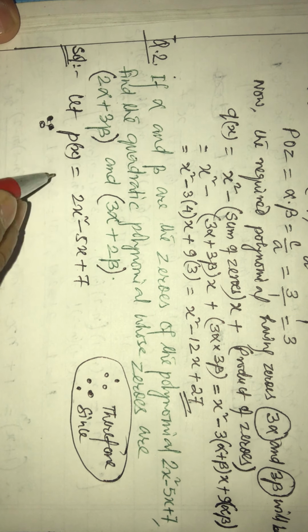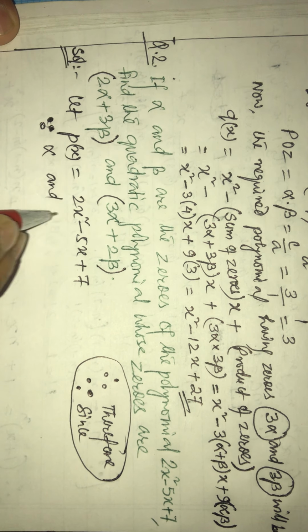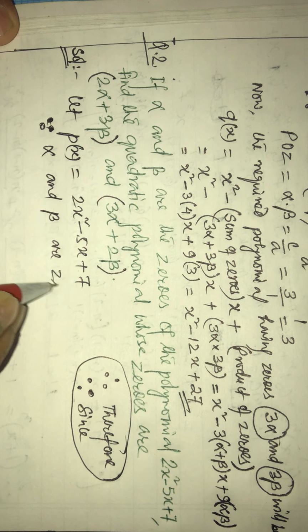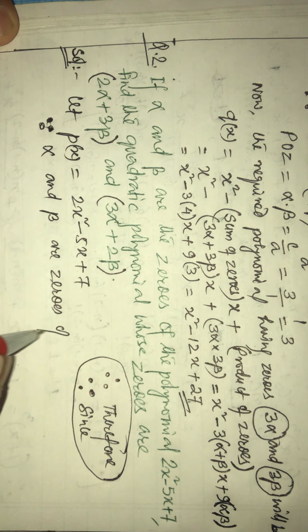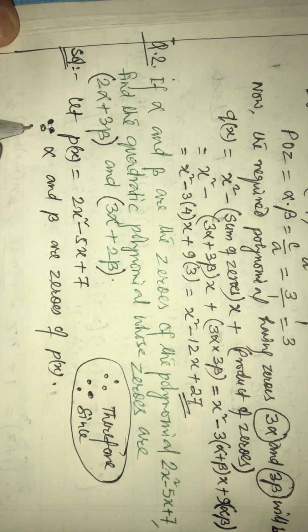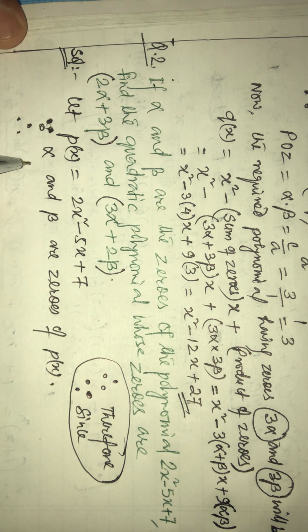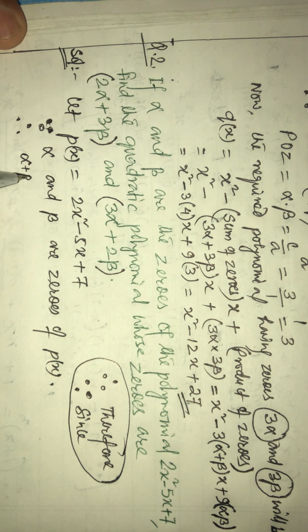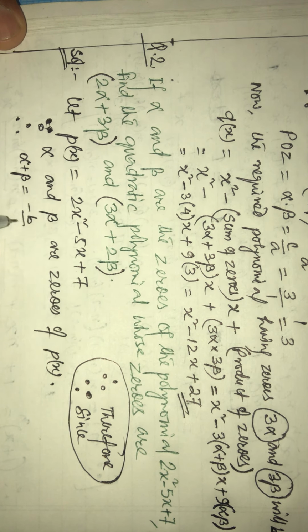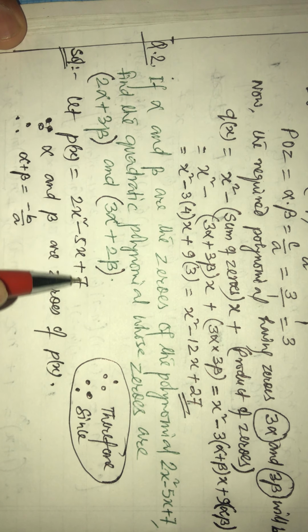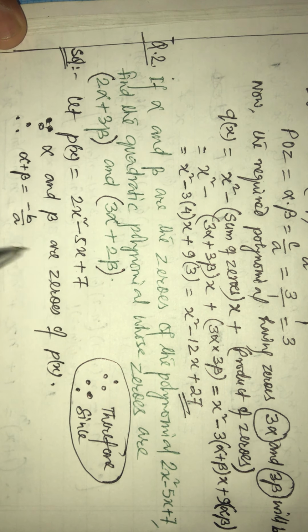Okay, since alpha and beta are zeros of p of x, therefore I can write the sum of zeros directly, right? Sum of zeros, alpha plus beta, we know the formula, minus b by a. Now you know what a, b and c are here.